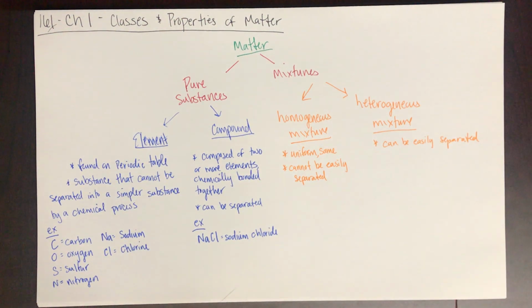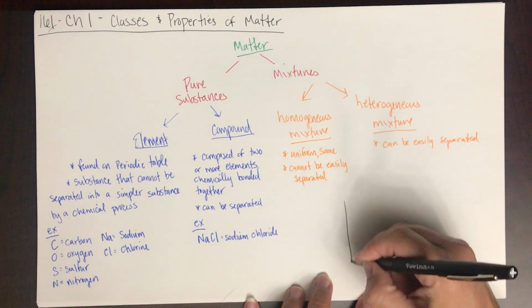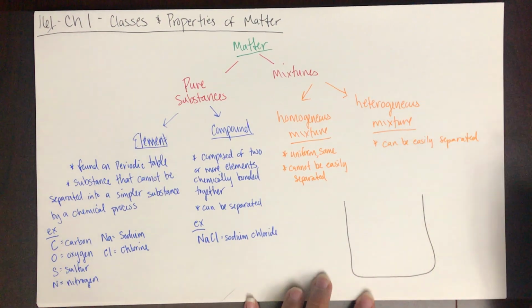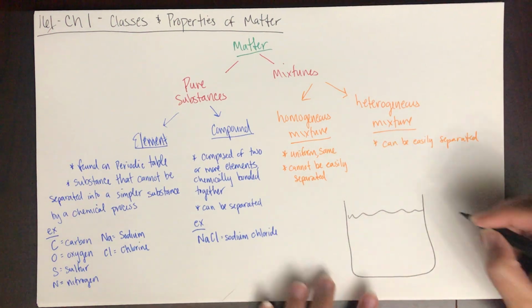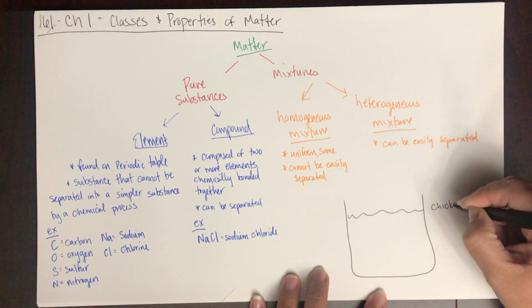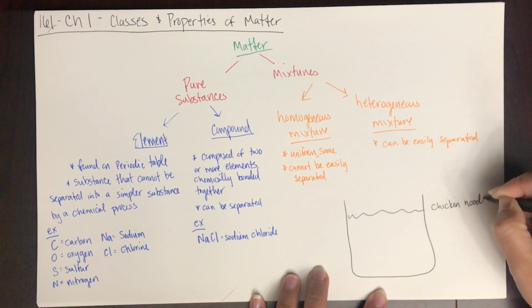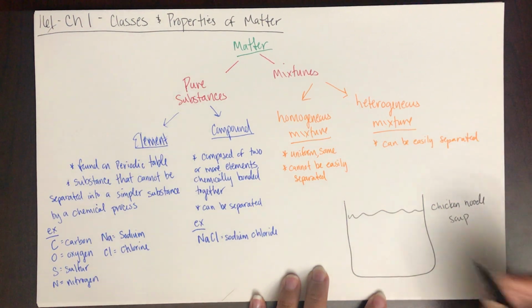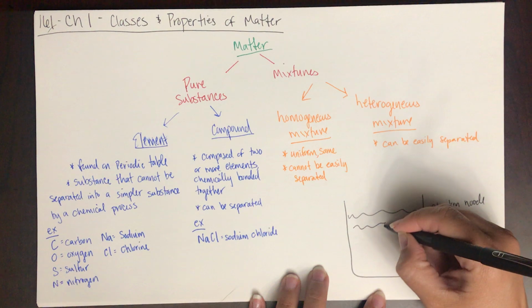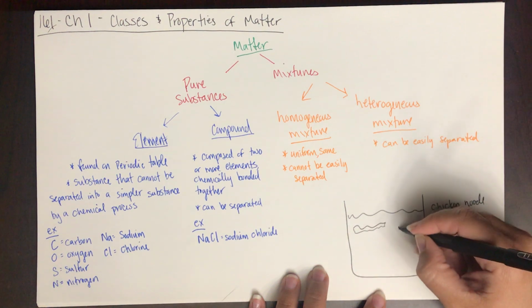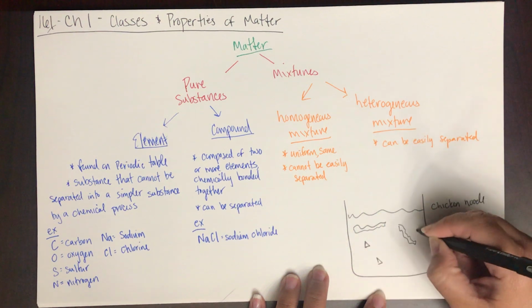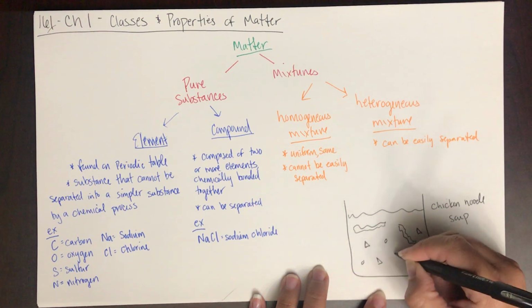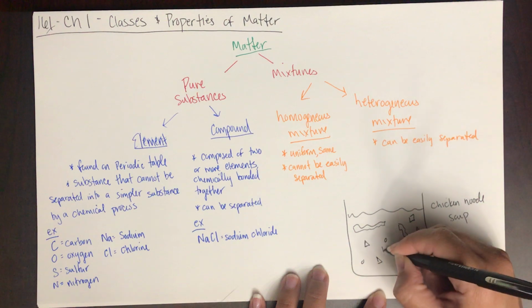A good example when we're talking about mixtures is, let's say we have chicken noodle soup. So here is my chicken noodle soup, and we have some noodles in here, and we have some carrots, and some peas, and some chicken.